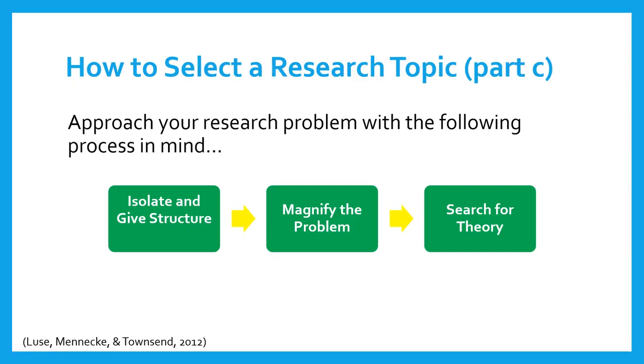Use this technique to approach your problem so that you can isolate, structure, and magnify the research problem you want to write about. The final step in approaching your research problem is to apply one or more relevant theories. This is done by conducting a complete review of the existing literature on your research problem.